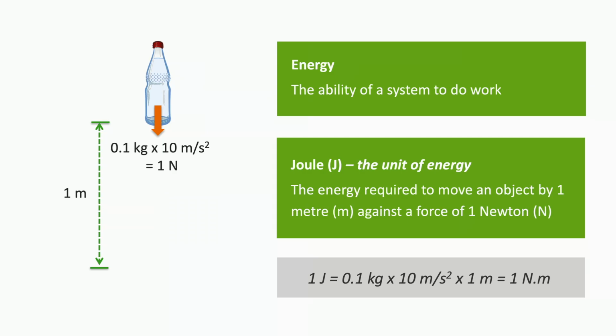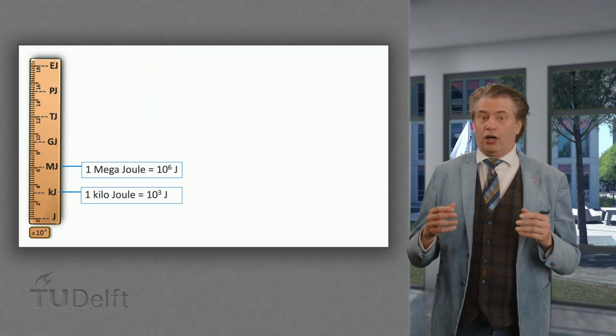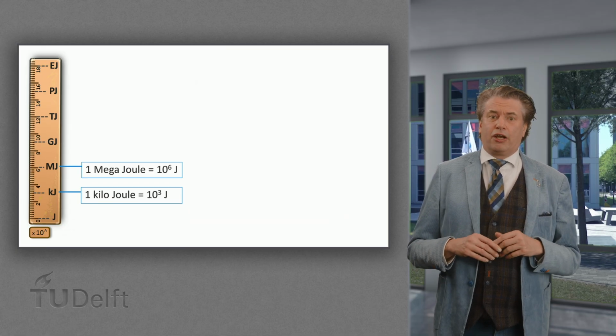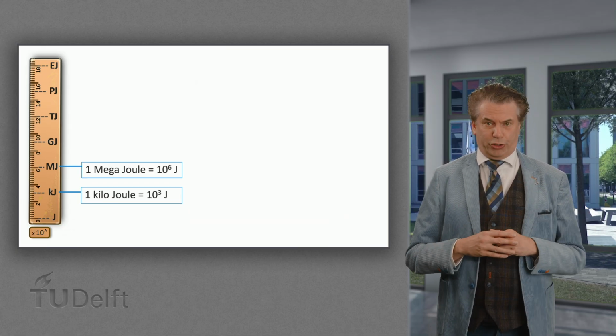1 joule is defined as the amount of energy required to move an object by a distance of 1 meter against a force of 1 Newton. Mathematically, 1 joule is equal to 1 Newton meter of energy. 1 joule of energy is too small to quantify the energy that we encounter in our daily lives. In energy analysis, you would normally encounter higher orders of magnitude, such as the kilojoule, equivalent to 1000 joules, and the megajoule, equivalent to 1,000,000 joules.